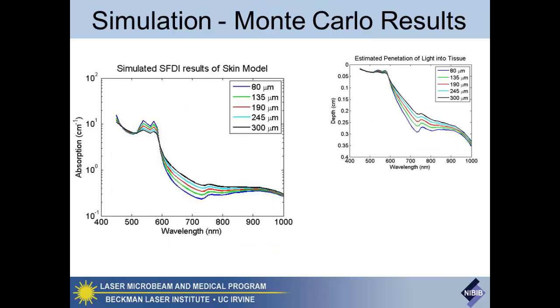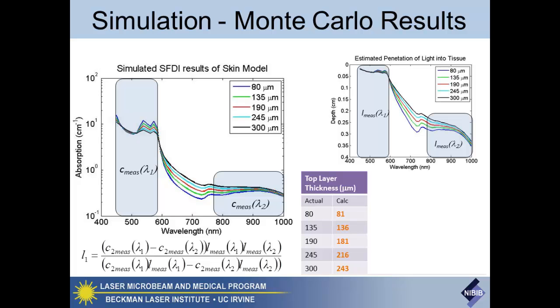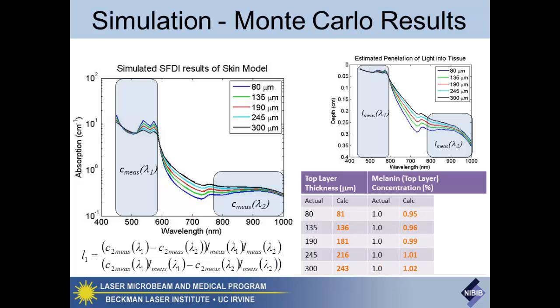We've done simulations of this and, from simulations, we're able to get reasonable estimates. This was just multi-layered Monte Carlo simulations where we varied the top layer thickness, fixed the melanin concentration to 1% within that top layer, and fixed oxy and deoxy hemoglobin to a fixed percent in a bottom layer. We asked: if I simulate my measurement type, what differences in the absorption spectra will I see?